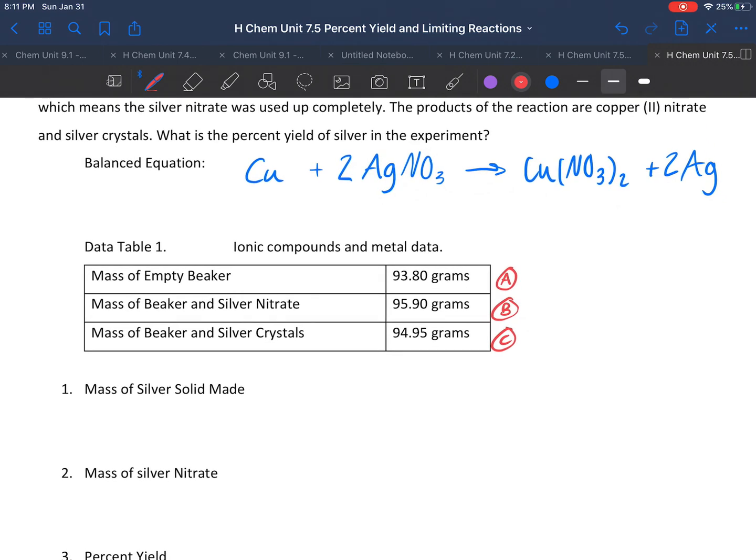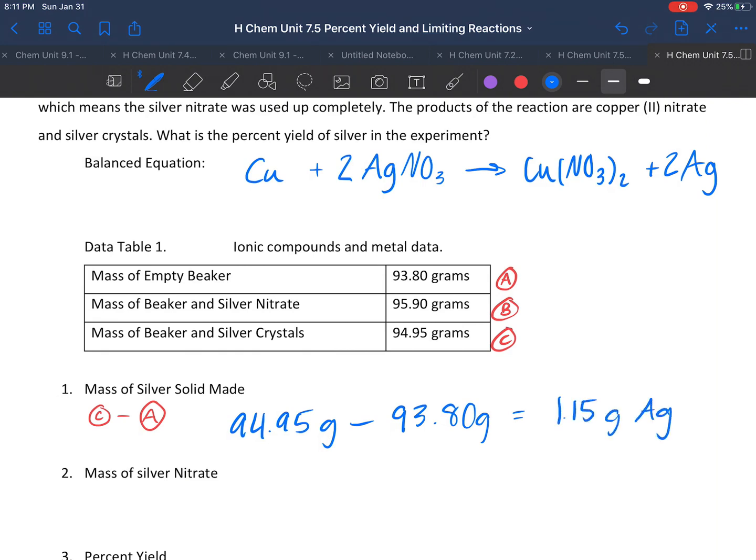And so what we're going to be using is equation C minus equation A. So we are taking the mass of the beaker and silver, which is 94.95 grams, and subtracting just the mass of the empty beaker, 93.80 grams. And that gives us a mass of 1.15 grams of silver.